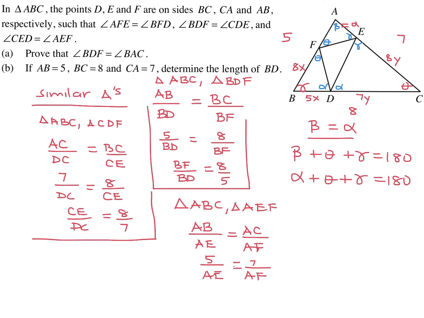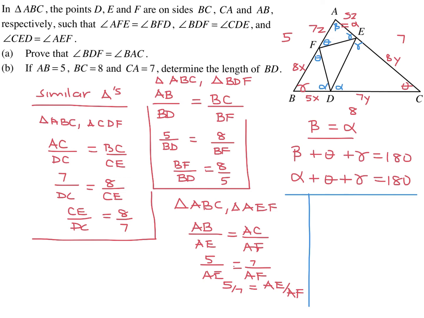And that means that 5 over 7 is equal to AE over AF. All right, great. So now we can put in that final one. So that means if AE is 5, let's use 5Z, then AF is 7Z, correct? Okay, great. Now, finally, we can create our equations from that diagram. Let's see. Our equations, this side.